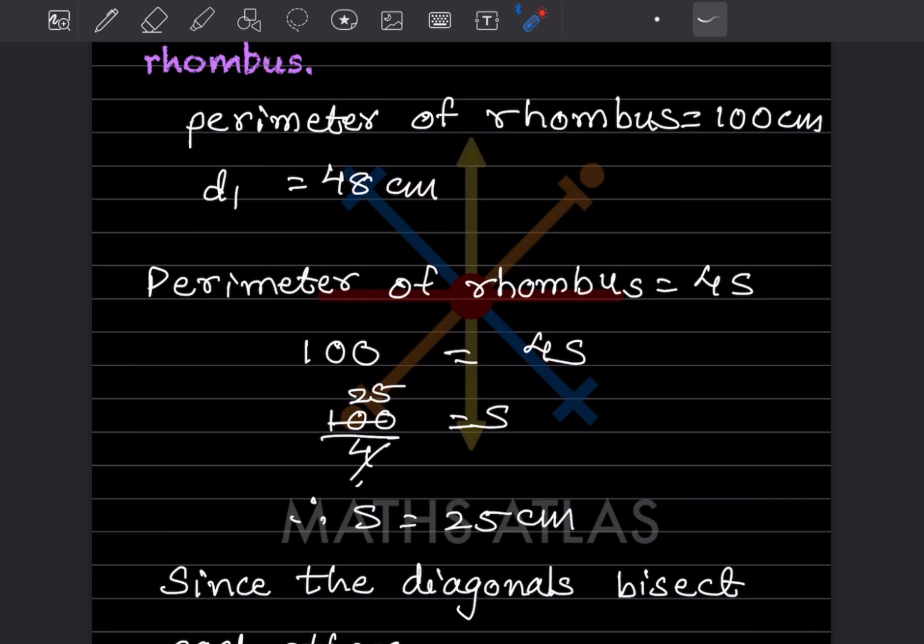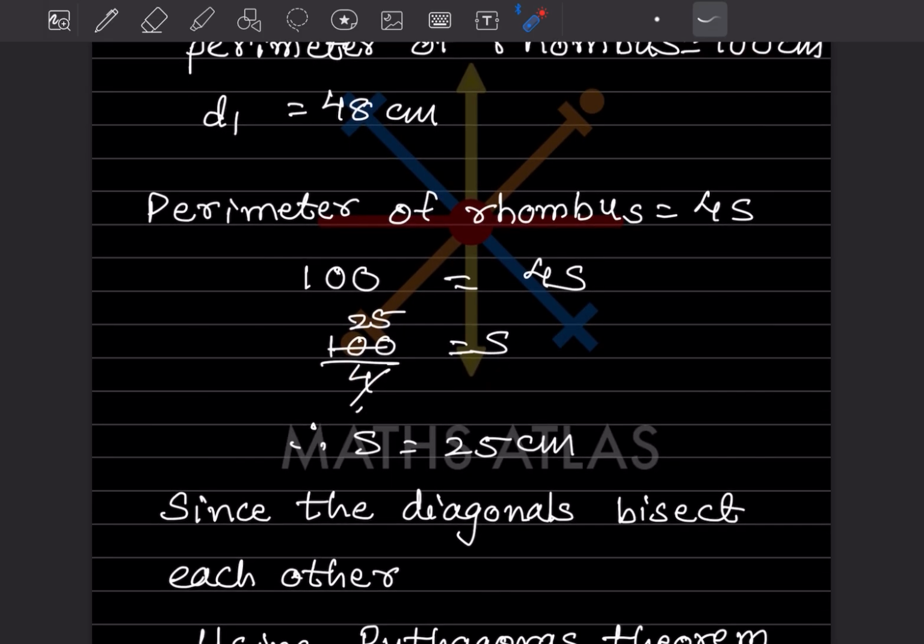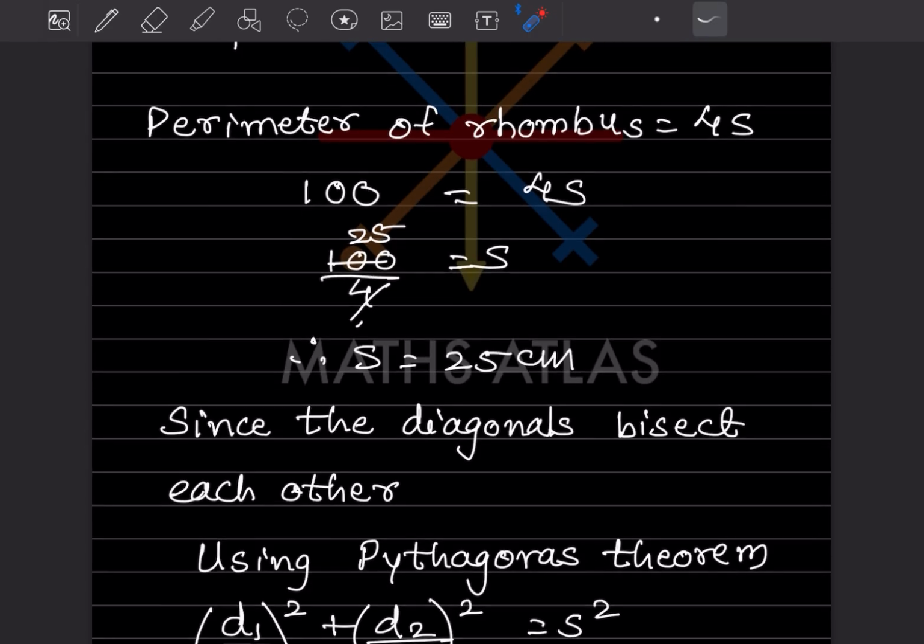Now, because these are the diagonals of the rhombus, they bisect each other. Since the diagonals bisect each other, we are using the Pythagorean theorem: d1 by 2 square plus d2 by 2 square is the side square.